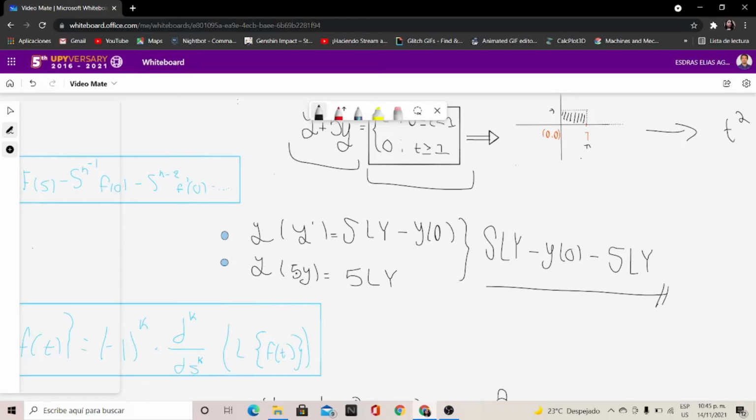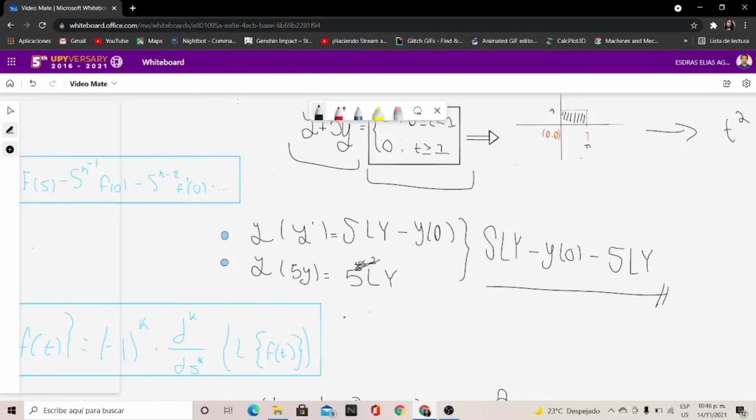And the Laplace transform of 5 times g is just 5 times the Laplace transform of g. So we reduce the equation.